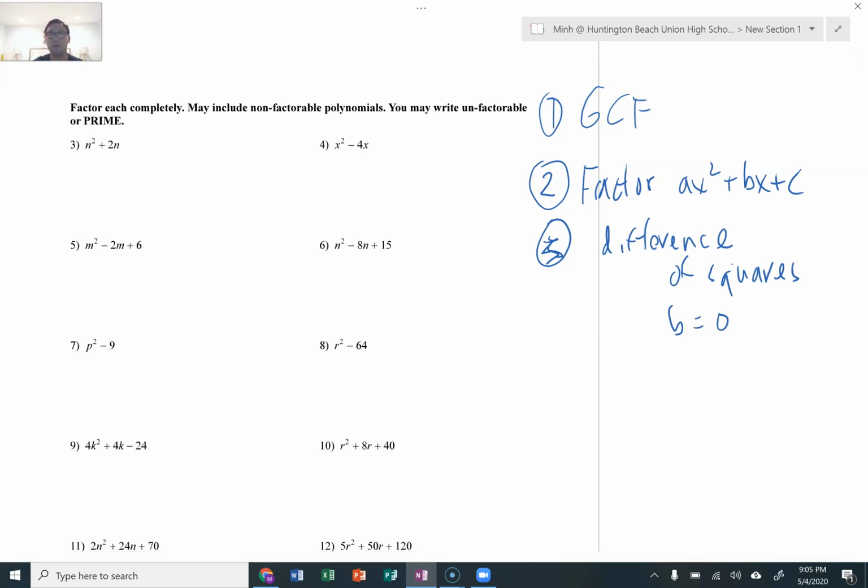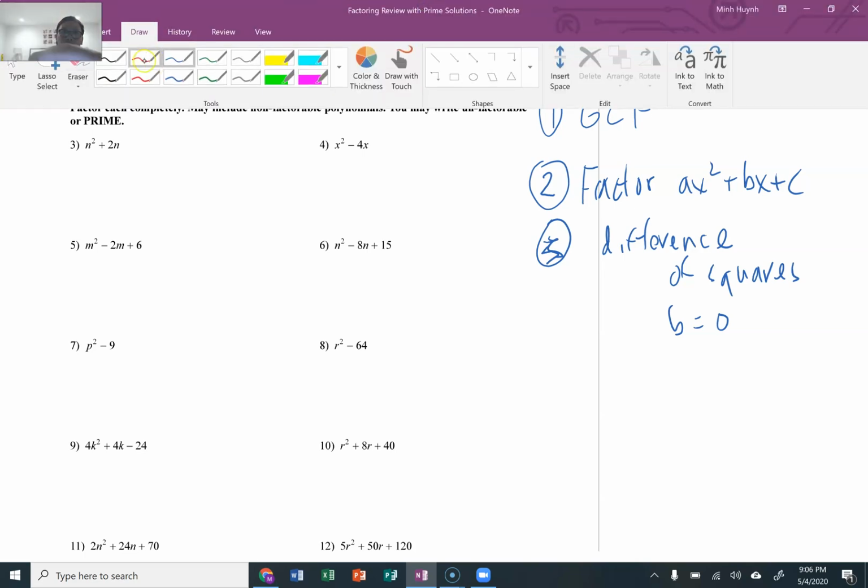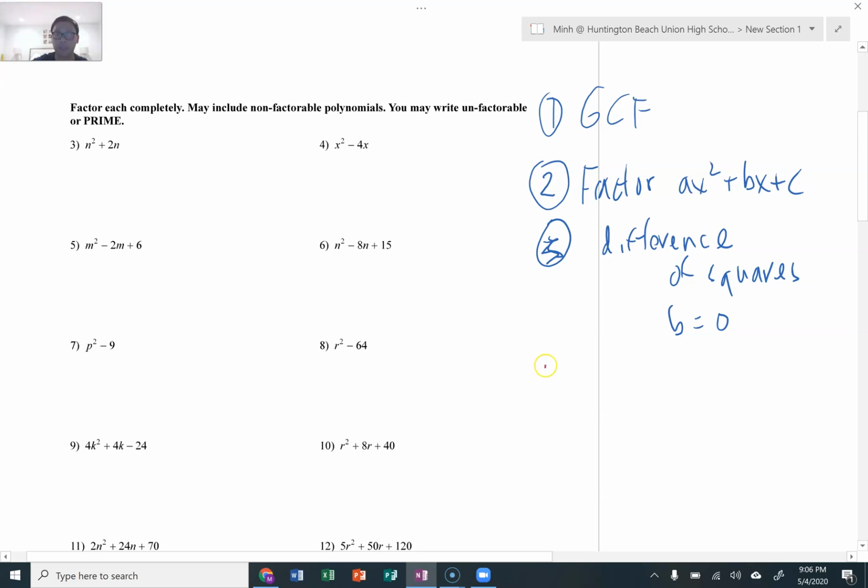If all three of these don't apply, like you can't do part 1, part 2, or part 3, it's okay to say that the polynomial is non-factorable. Some teachers like to use the word non-factorable. I know a lot of the algebra 1 teachers, and let alone all the math teachers, like to say that since it can't be factored, then you have a prime polynomial.